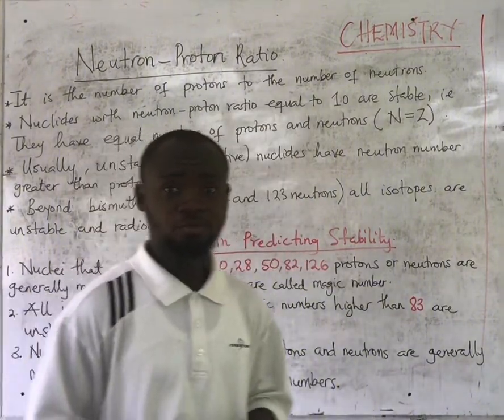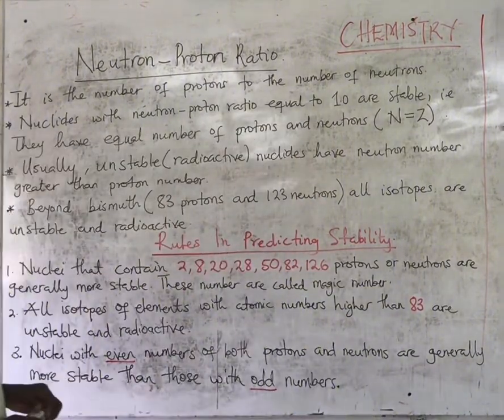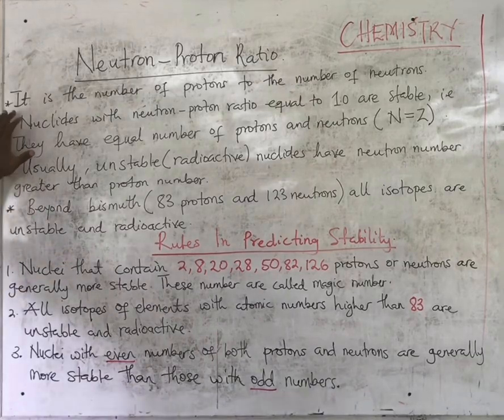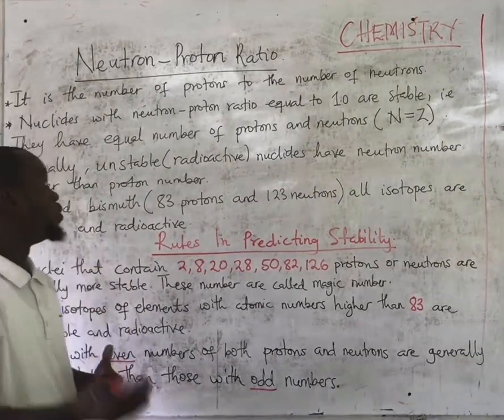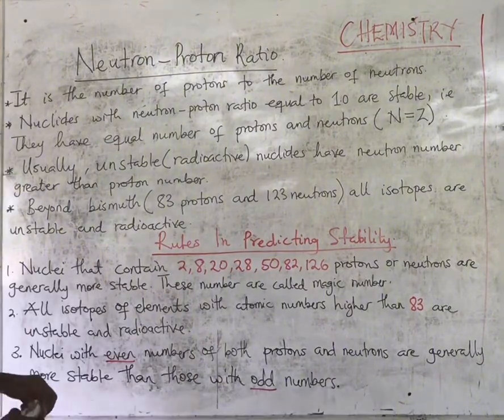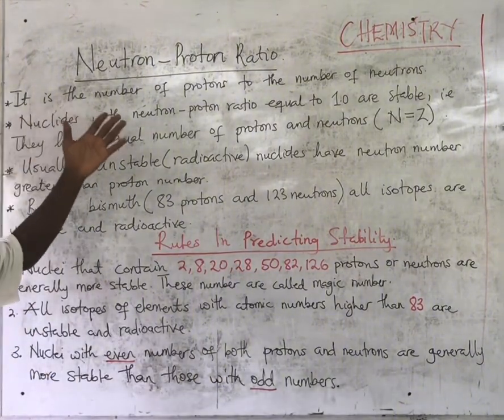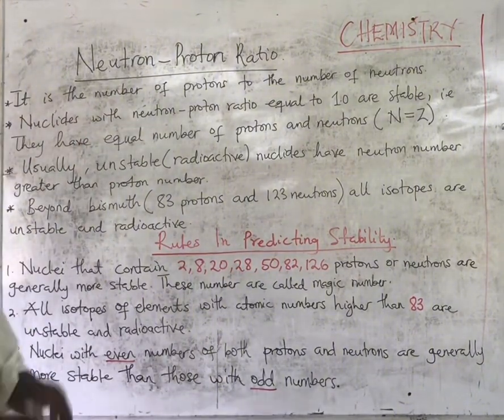But I have some simple notes here on the board. Let's go through. With the first point, we are just reviewing the definition of the neutron-to-proton ratio. It is the number of protons to the number of neutrons in the nucleus of an atom.